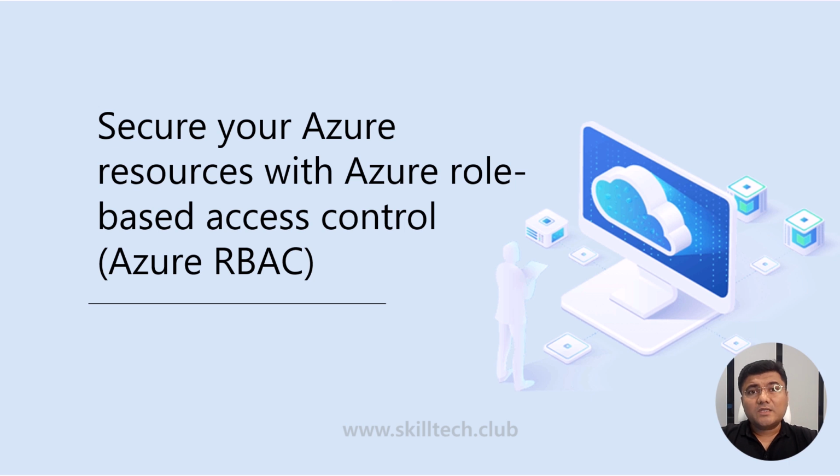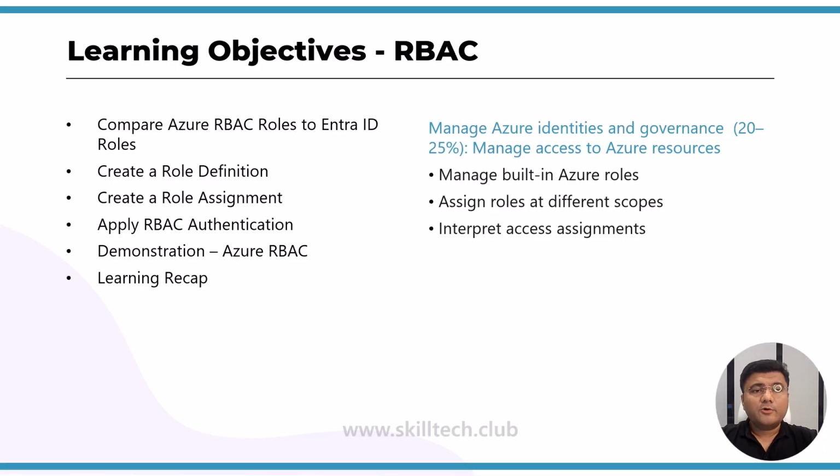Now let's start with the next thing, which is securing Azure resources with Azure role-based access control. This is undoubtedly one of the most important topics of security of Azure. Role-based access control is basically going to help you to assign different kinds of roles to a specific resource group or a resource, and based on that, you can actually control who can do what kind of things.